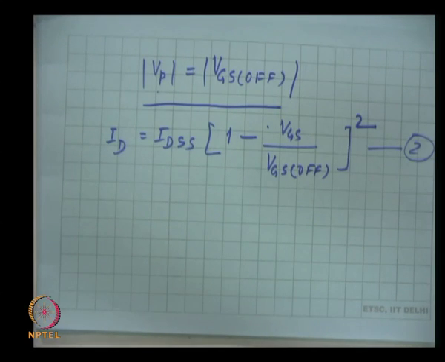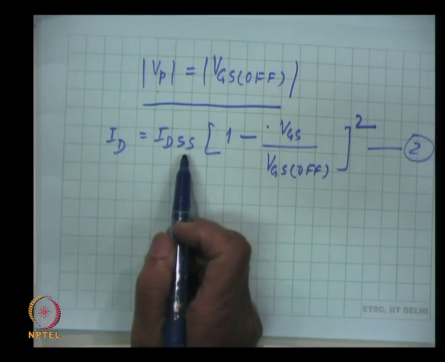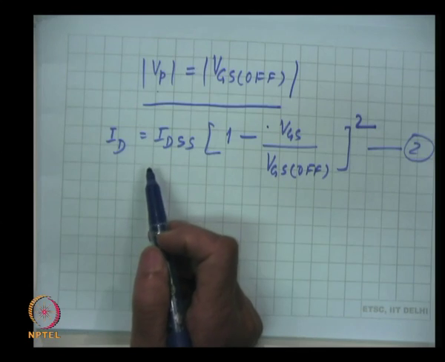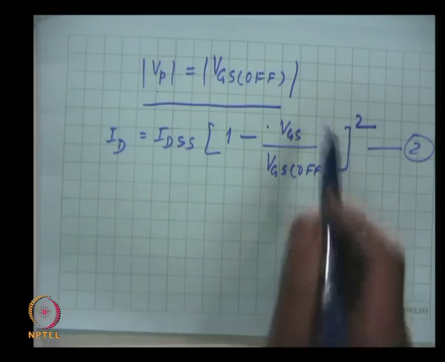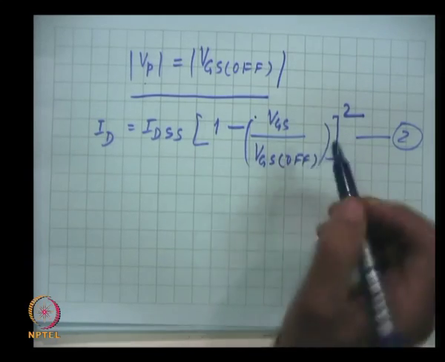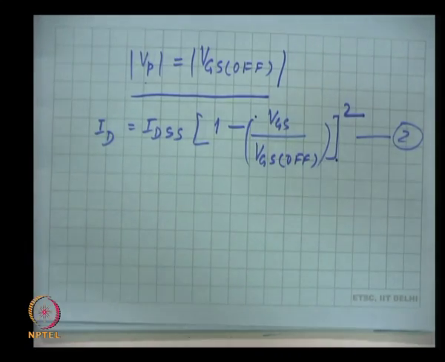Now, one thing is certain: since in this equation IDSS represents the highest current in the JFET, the quantity in this bracket has to be positive and less than 1.